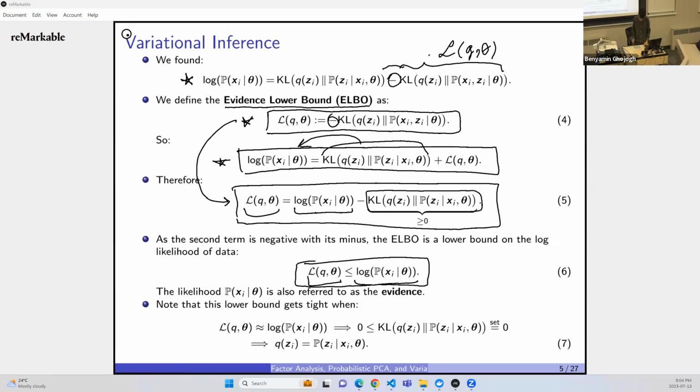This part, which we called ELBO, is a lower bound for the log probability of xi given theta. Hence the name evidence lower bound. Why do we call it lower bound? For this reason. Also, P of xi given theta is also called evidence.